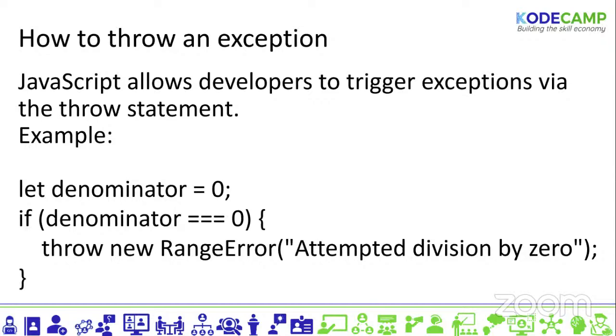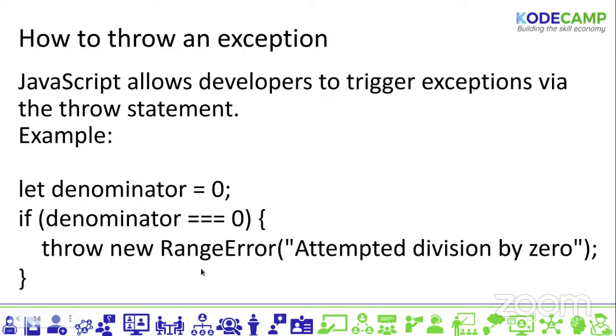So you can actually throw an exception. JavaScript allows developers to trigger exceptions via the throw statement. So you can throw any kind of error. For example, here we are throwing a range error.